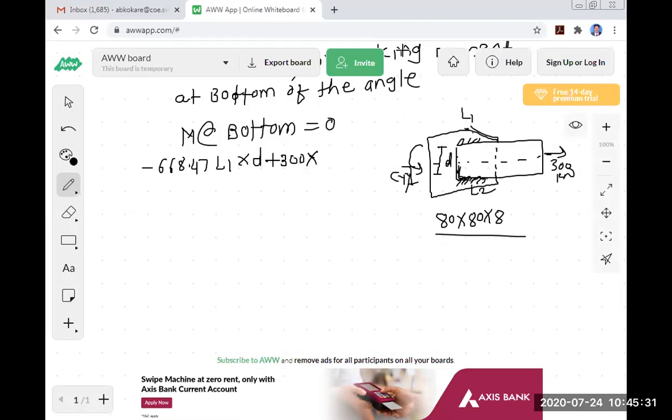So everyone has this steel table. 80 by 80 by 8 means equal angle section. 80 by 50 means unequal angle section. So you have to go to the steel table for this 80 by 80 equal angle section.